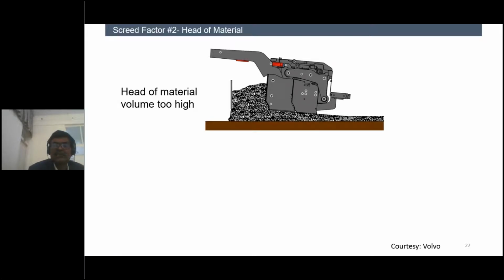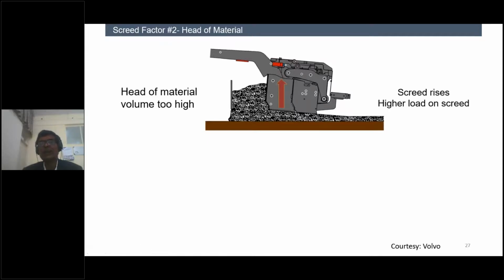If it is overloaded, mixing will not be uniform. Any mix, whether asphalt mix or concrete mix, if it is less, again it will not result in a good mix. So maintaining a uniform head of mix in front of the paver is very, very important.